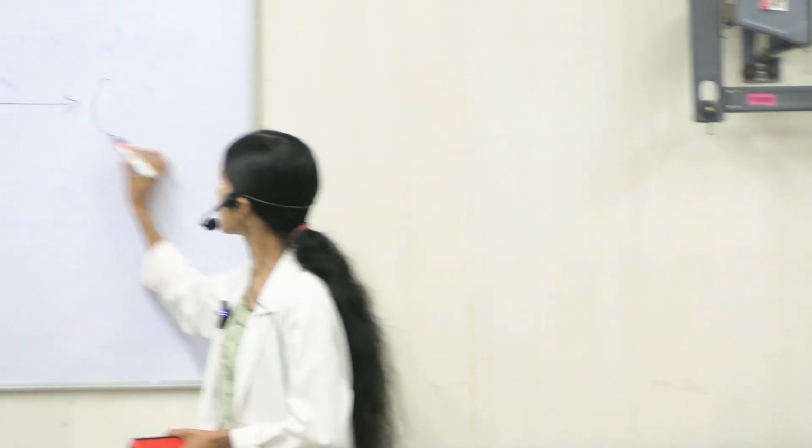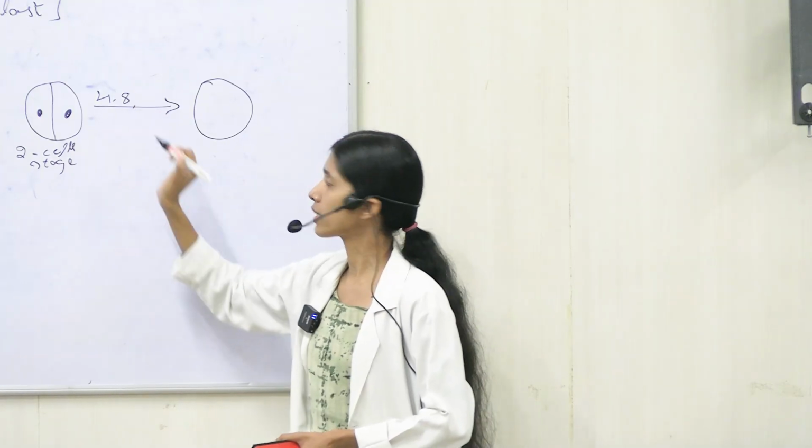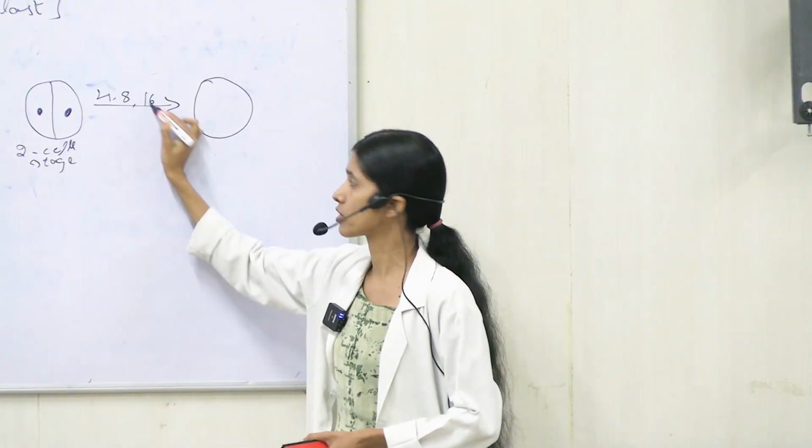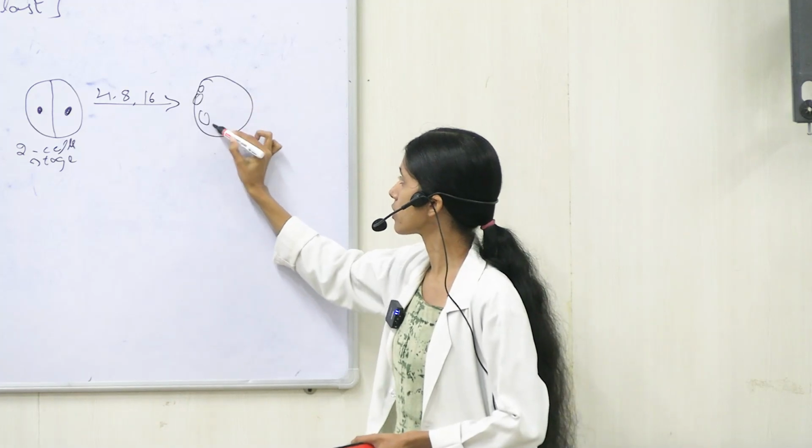So now we have the 4 cell stage, then followed by 8 cell, then 16 cell stage. Consider this as the 16 cell stage structure.